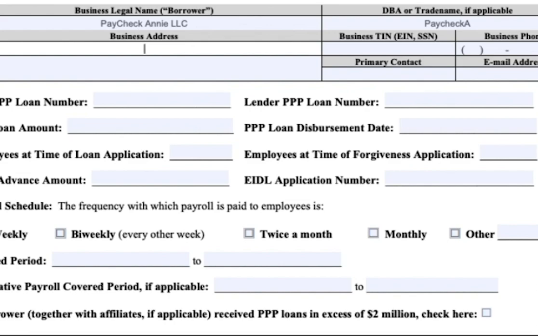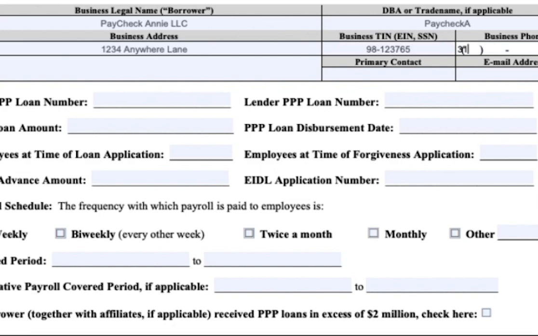So the first section of this form is just regular formalities. Business name, DBA or trade name, your business address, your EIN, business phone number, primary contact information, and your email address. Okay, so normal business stuff.